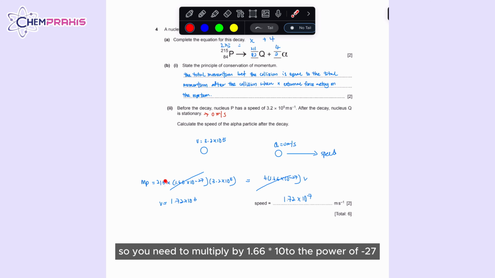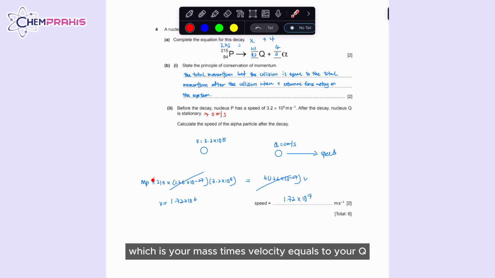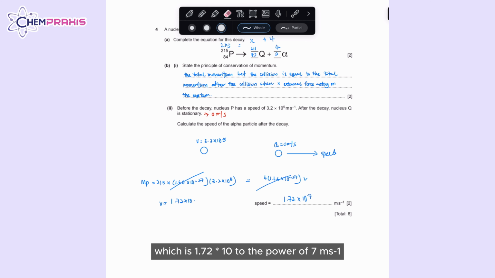So you need to multiply it by 1.66 times 10 to the power negative 27, which is the atomic mass unit, and you multiply by the speed, which is your mass times velocity, equals to Q remains stationary. So there is no momentum for Q, and there is only momentum for the alpha particle. So you will use 4 as the nucleon number, multiply by 1.66 times 10 to the power negative 27, multiplied by V. And you will get your V value, which is 1.72 times 10 to the power of 7 meters per second.